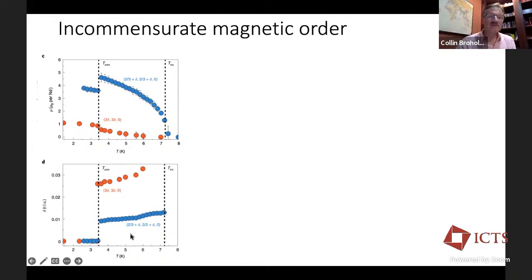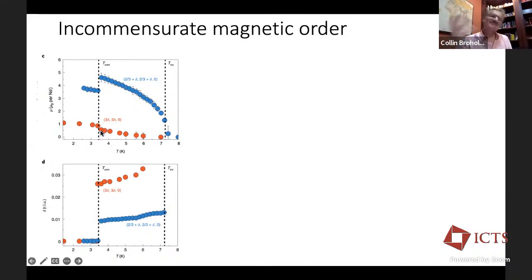With blue, we show the intensity and the position of the first harmonic incommensurate magnetic peak, and with red, we show the third harmonic peak as well. The principal order parameter is the intensity of the two-third O type peak, but then upon cooling you have the appearance of this third order harmonic, and that indicates a squaring up of the underlying incommensurate magnetic order.